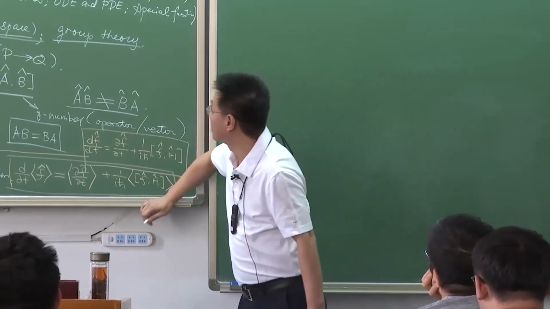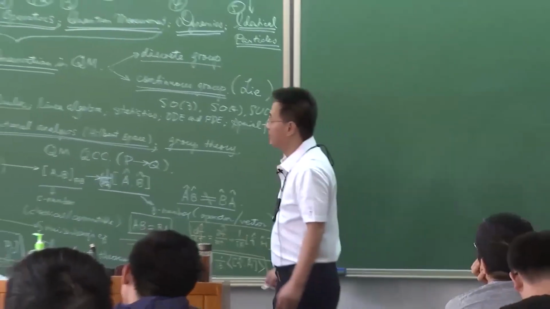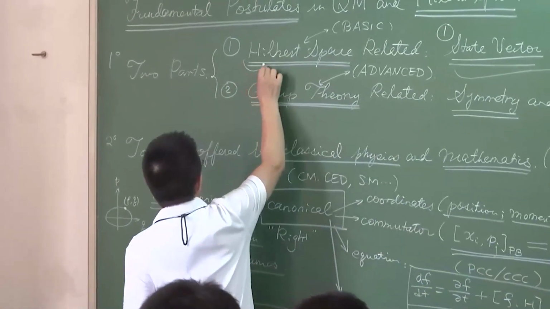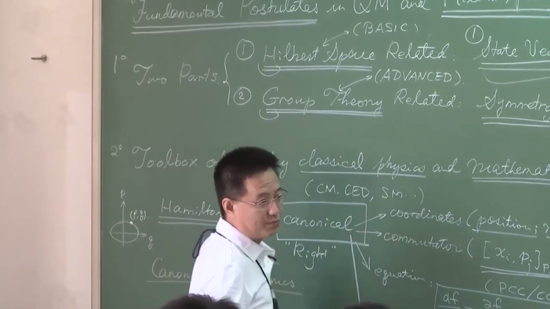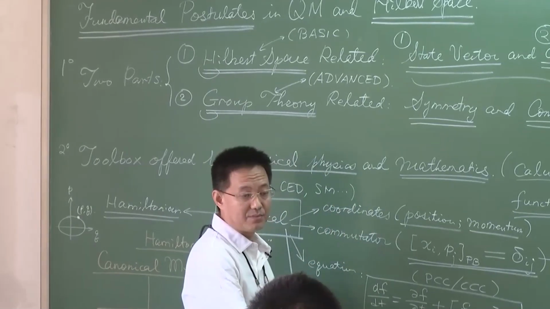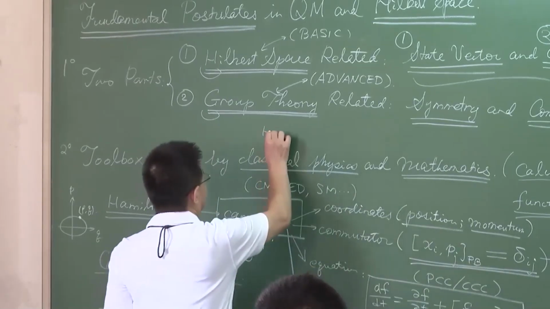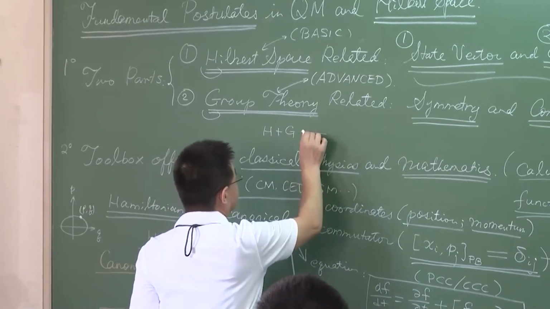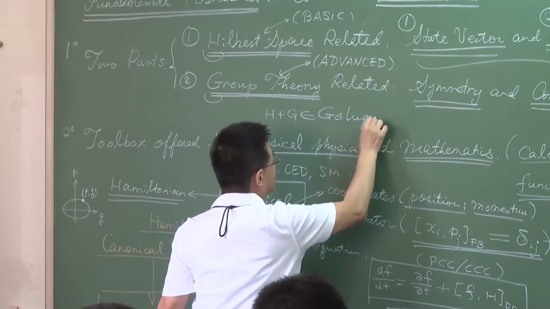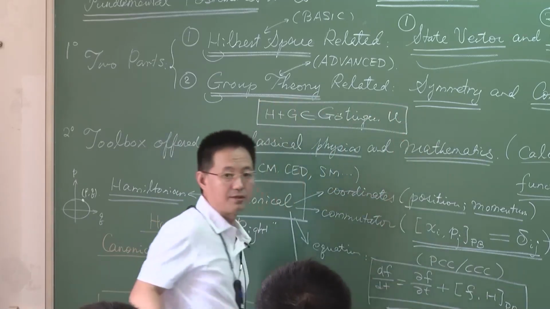One more thing that I want to mention here is that we have mentioned two important things. One is Hilbert space, H, and the other is G, group theory. Both things come from the same place, and that place is called Göttingen University. H plus G comes from the same place.